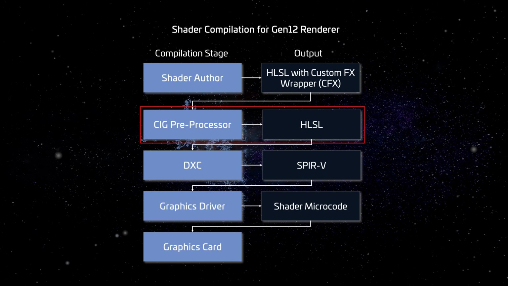The preprocessor then removes any of the additional code that we don't need and is dealt with accordingly, whilst then outputting just HLSL code. The HLSL code is then passed to DXC, and DXC will change this into SPIR-V.